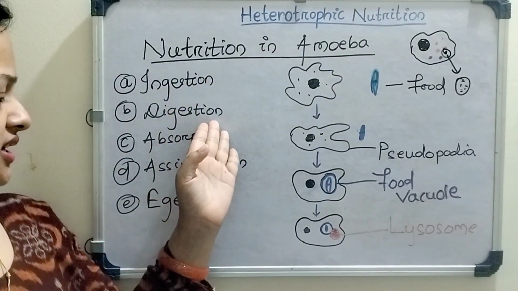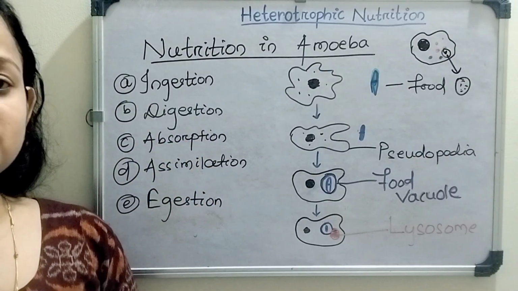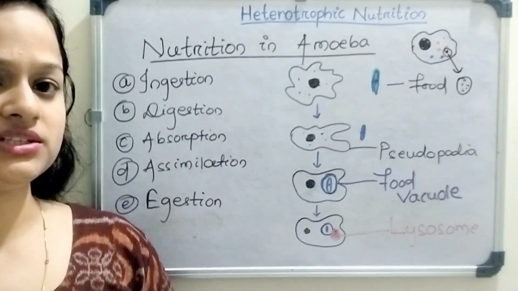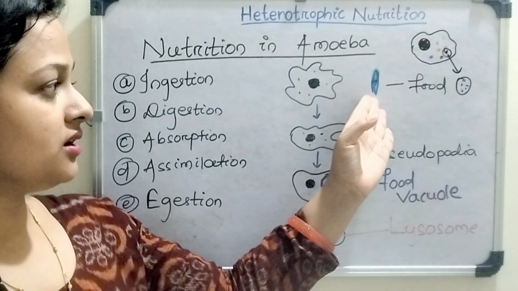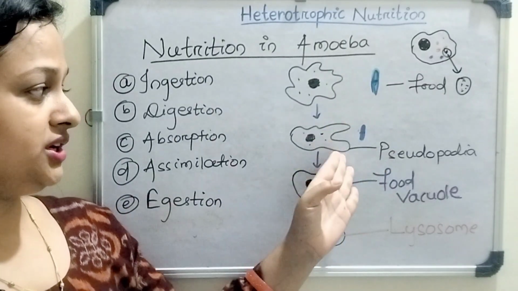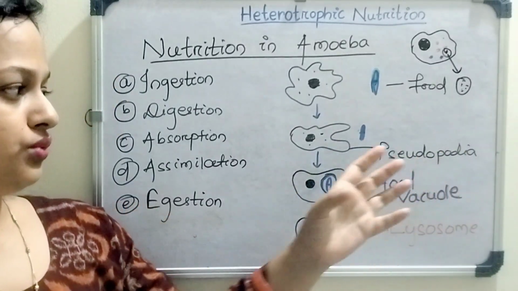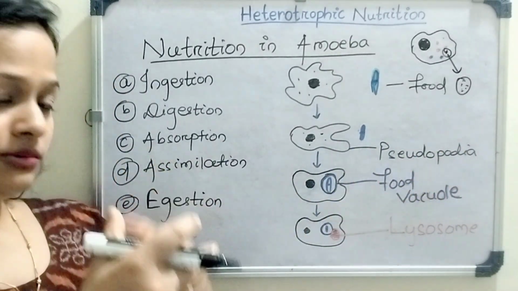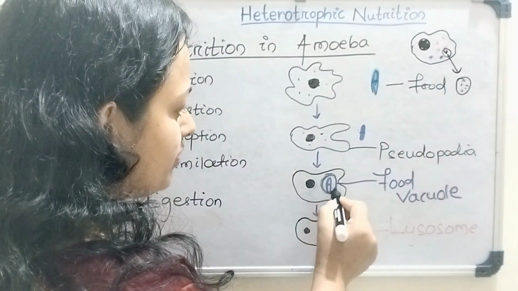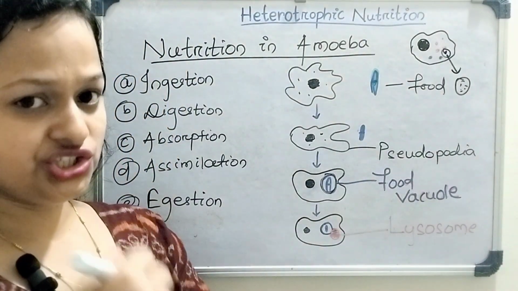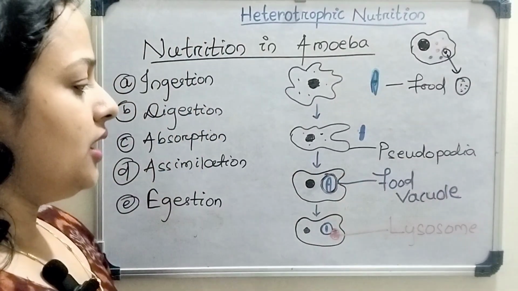They are ingestion, digestion, absorption, assimilation and egestion. In the ingestion process, the amoeba ingests its food by forming finger-like projections. Those are known as pseudopodia. When the food is captured by the pseudopodia, it will form a food vacuole.